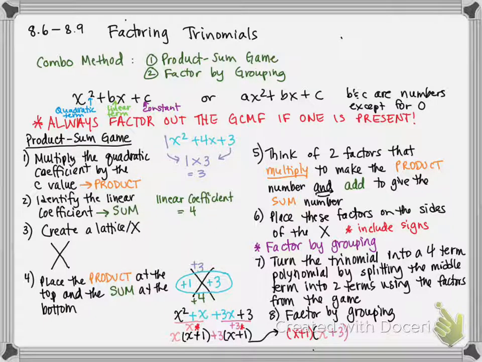Now, if I multiply this out, I would get x squared plus 3x plus x plus 3, which would add up to give me x squared plus 4x plus 3. So it does work.